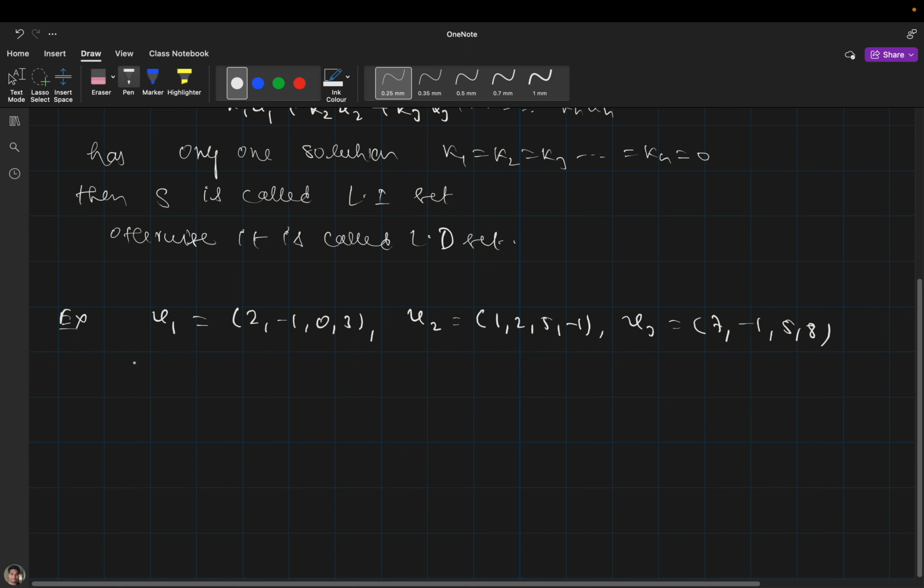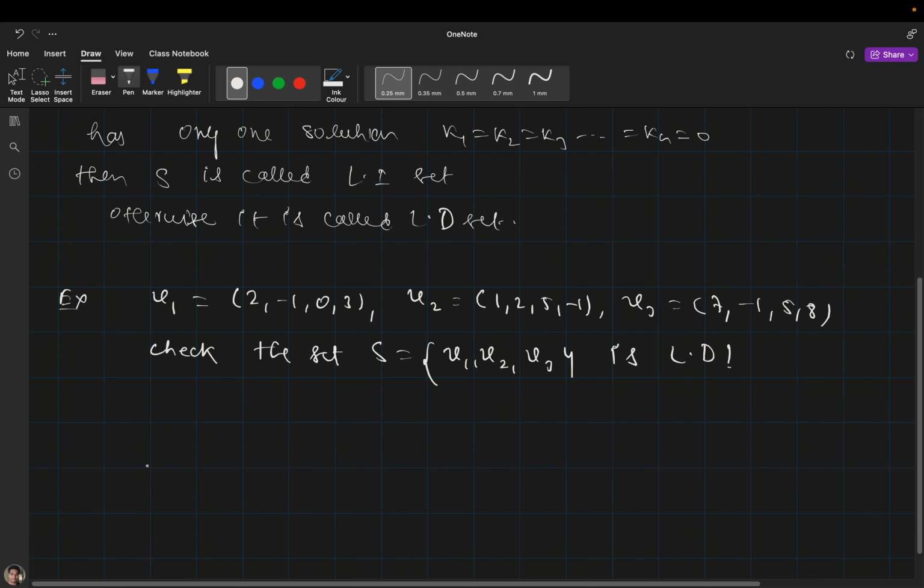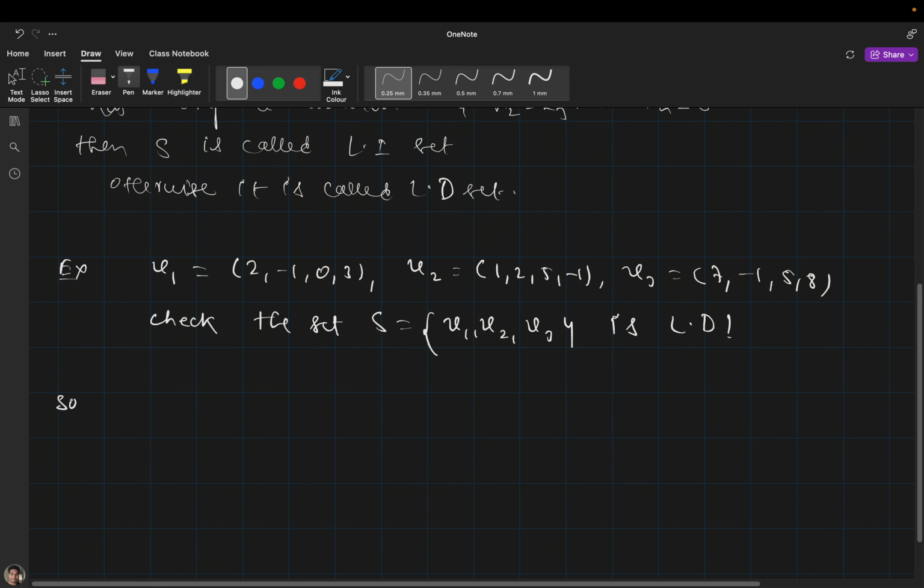Then we have to check whether the set S equal to V1, V2, V3 is linearly dependent. Can you check it? Yeah, sir. Please check it. I'll give you 1 minute.